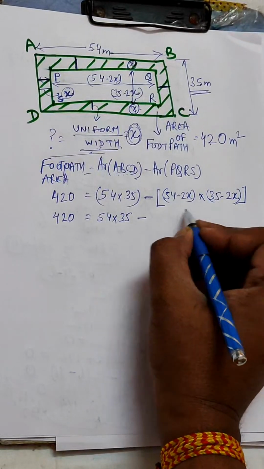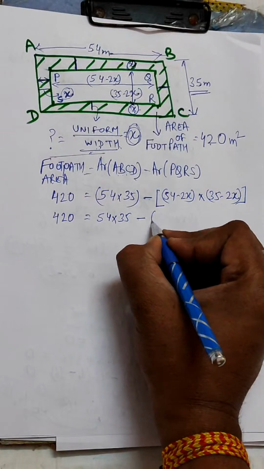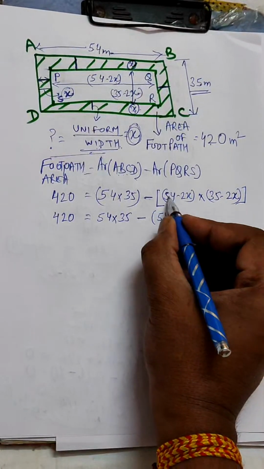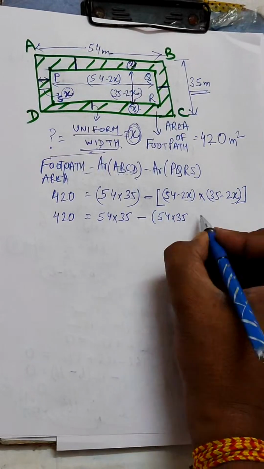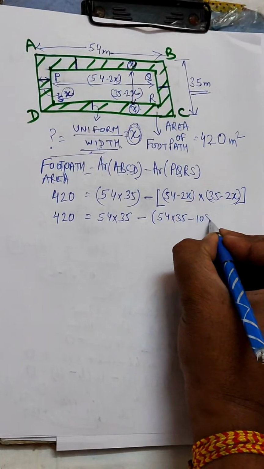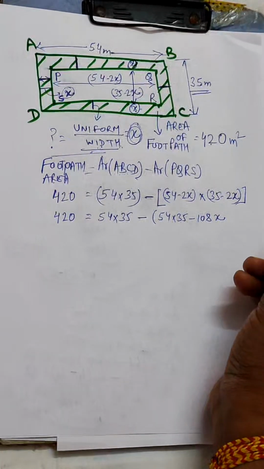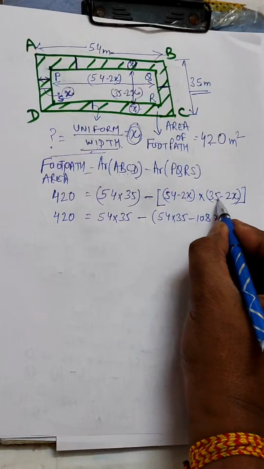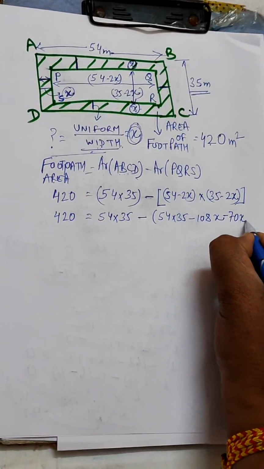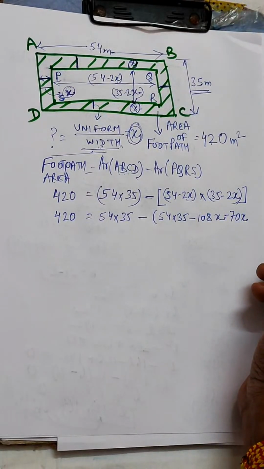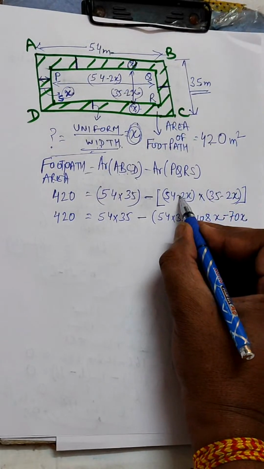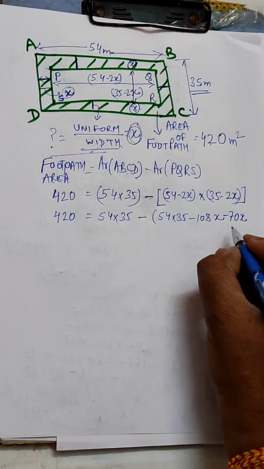So 54 into 35 here, and 54 into 2 will give you 108, so minus 108x. And this minus 2x multiplied by 35 will give you minus 70x. And the last term is minus 2x into minus 2x, that will give you plus 4x square.